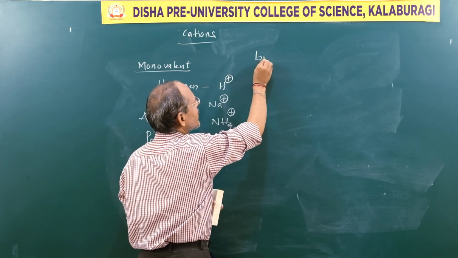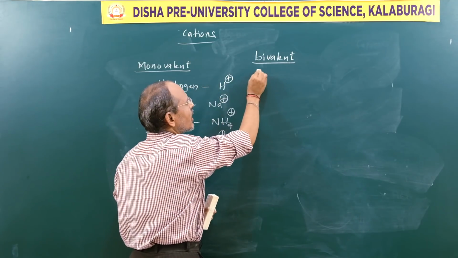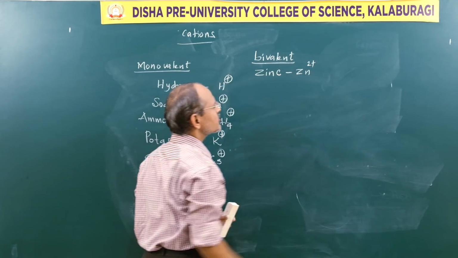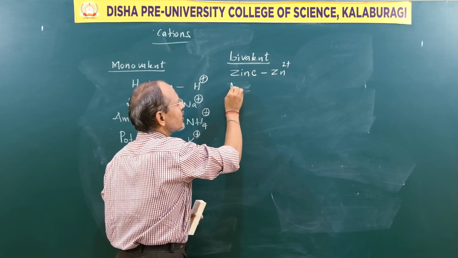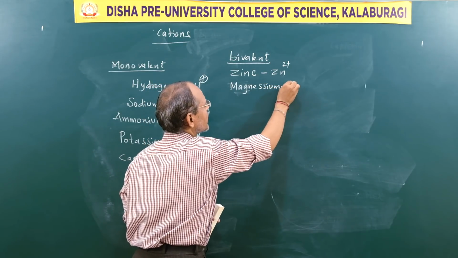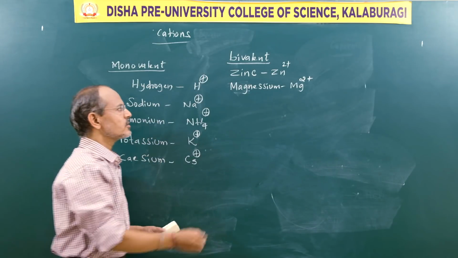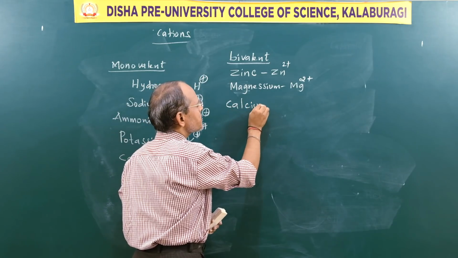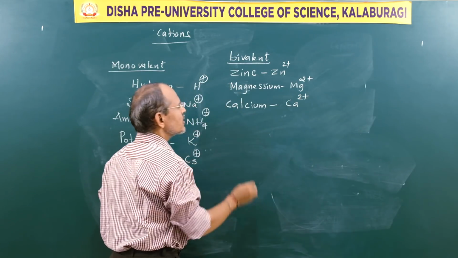We'll have bivalent species. I can take the example of zinc, Zn2 plus. I can take the example of magnesium, that is Mg2 plus. Then calcium, that is Ca2 plus.